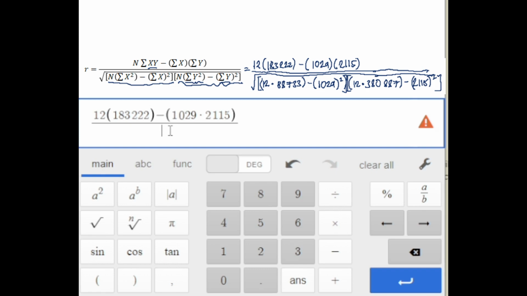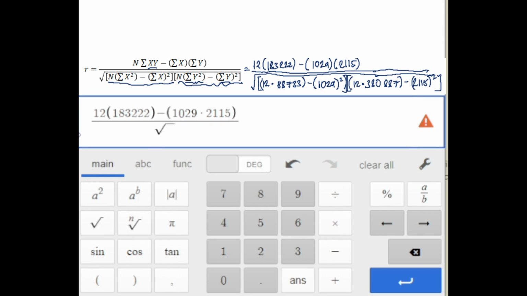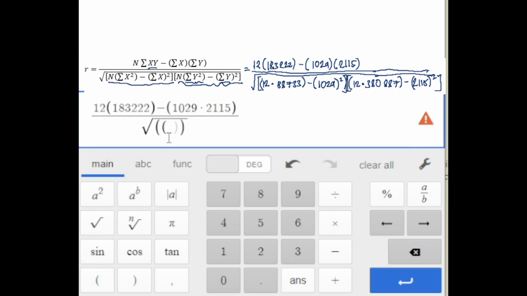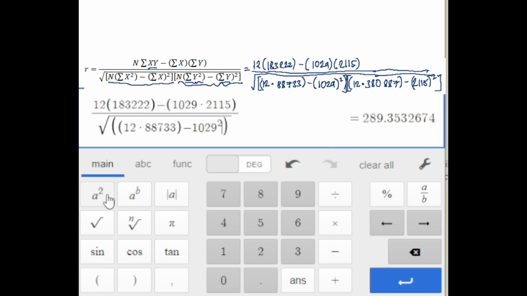Sa ating denominator naman po ay square root. Square root. And then, we need to parenthesize it. Okay. So, ito ay close ulit kasi meron siyang 12 times 88,733 minus, so ilabas na po natin siya. Okay, minus square down ng 1,029. So, we need to square it. Gamit po yan.